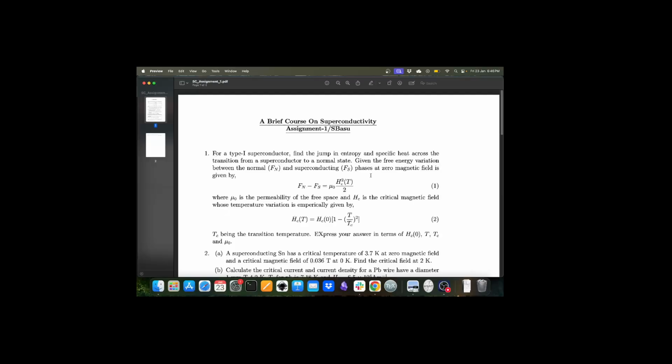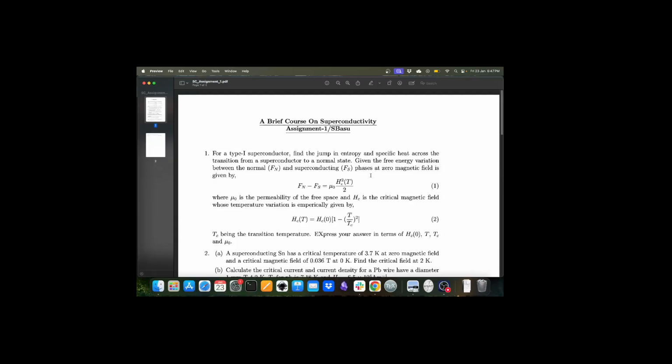So given is that the free energy difference between the normal and superconducting states is Hc squared (T) by 2. So this is the free energy difference. If you notice this equation, equation 1, the free energy for the normal state minus the free energy for the superconducting state is always positive, because mu 0 is always a positive quantity.